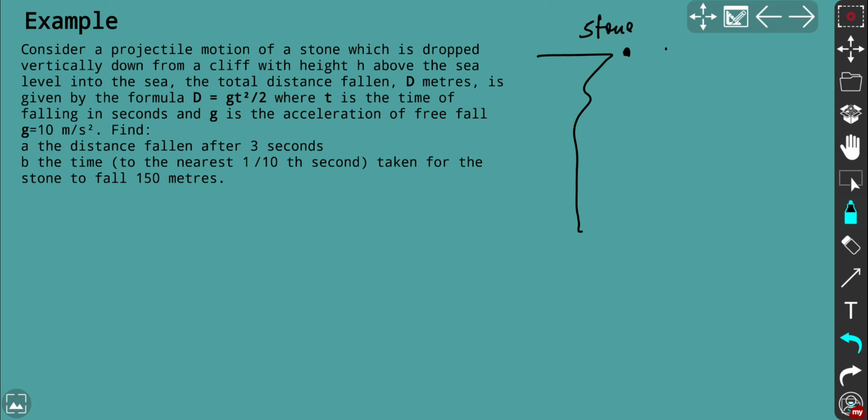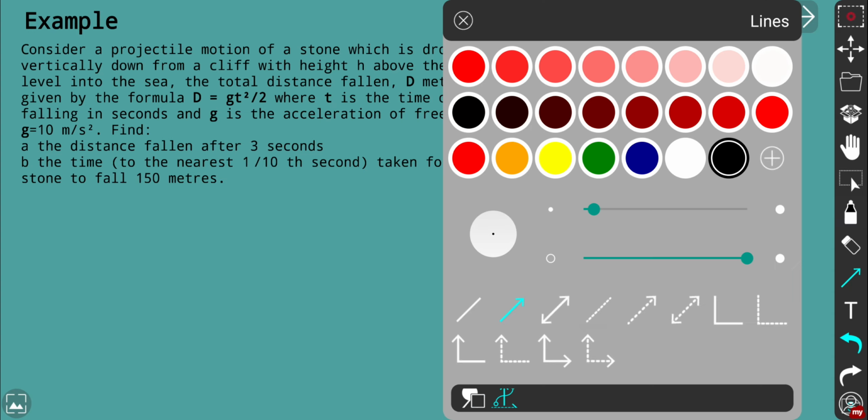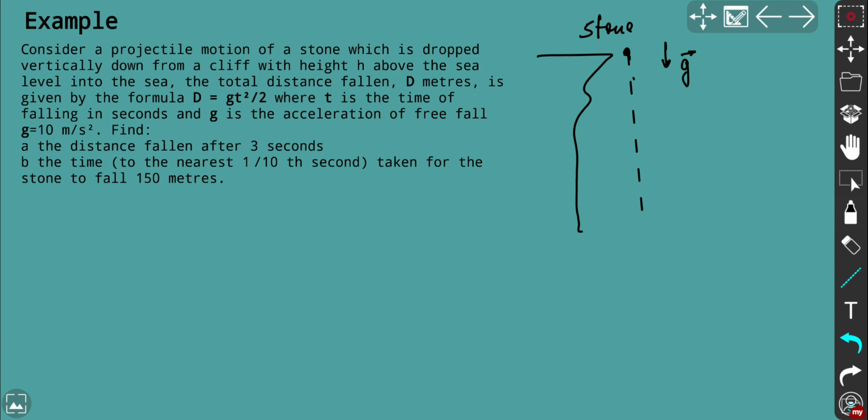Due to the gravity force, it will fall down, right? So you use the track of the falling body. It's completely vertical due to the gravity force. It falls down into the sea, and here is the height above the sea level.